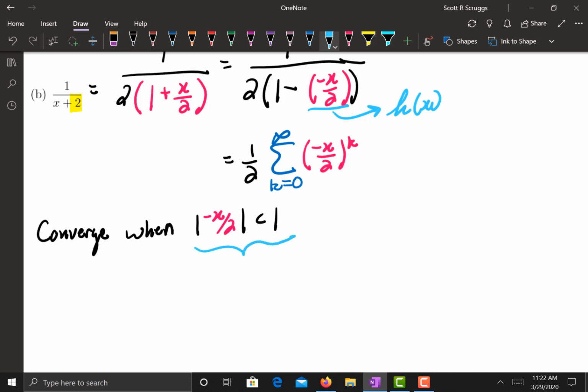Or, to rewrite this, the absolute value of h of x is less than 1. So in other words, when I'm doing the composition of power series, any condition that I had with just x, I'm going to replace with the new function h of x.